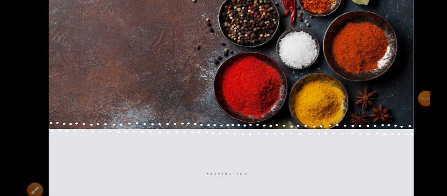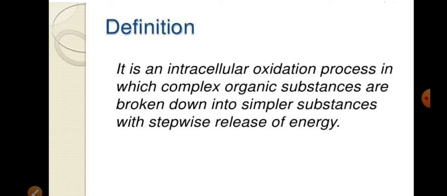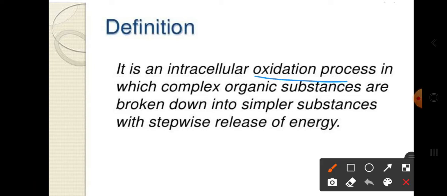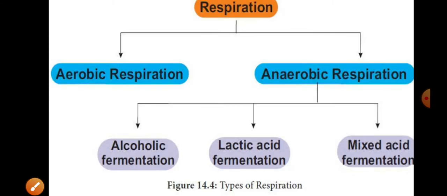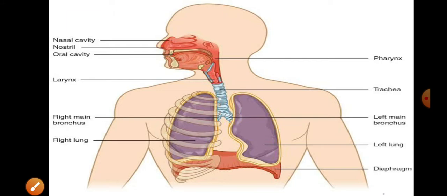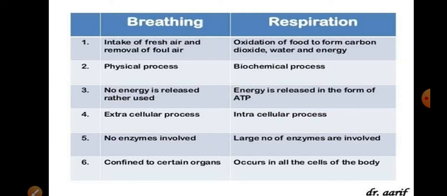Namaste children. In our earlier classes of this chapter, respiration, we covered what exactly respiration is, which is nothing but oxidation of complex organic substances to release energy. And we had seen the different steps that are involved in respiration.